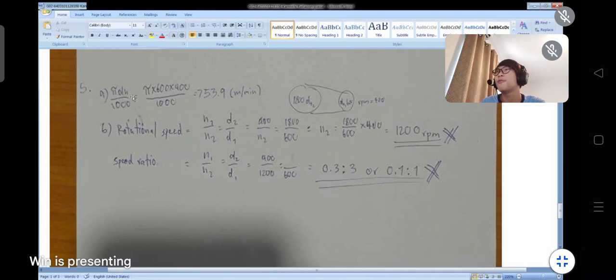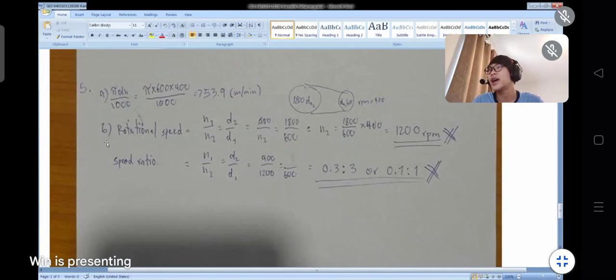So I put this formula. D is the diameter of the pulley, and N is the rounds per minute, RPM. So put that together, we get pi times 600 times 400 divided by 1000 equals 753.9 meters per minute.